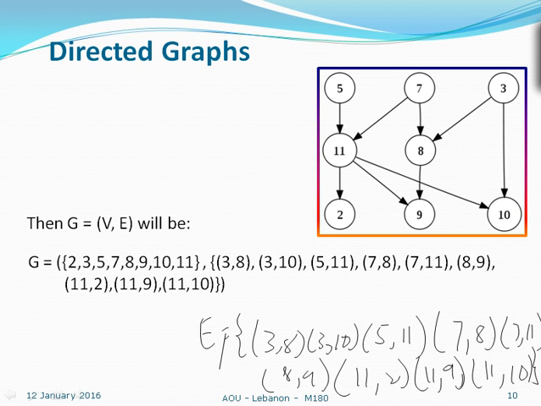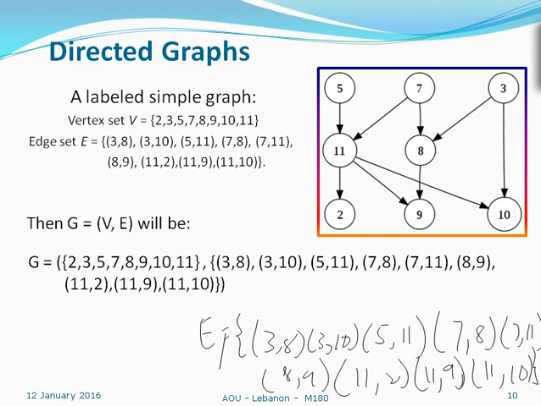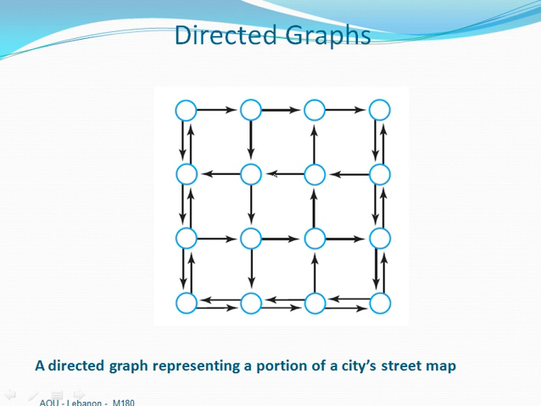So these are the edges with direction. Hence this graph has a set of vertices and a directed set of edges. This is an example of using the directed graph in representing city map streets.